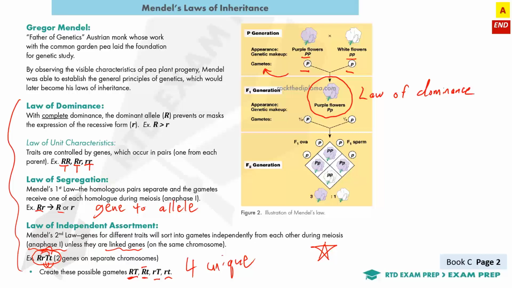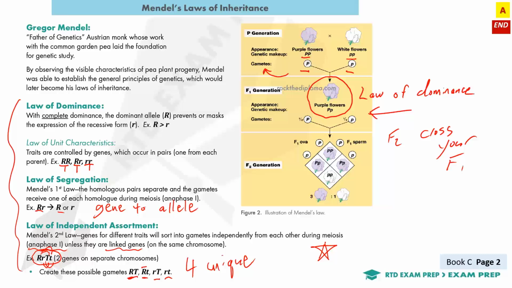What are the laws that were established by Gregor Mendel? Let's come back to our Punnett square. In our F1, everything was purple with a genotype of big P, little p. In an F2, you cross your F1 results.